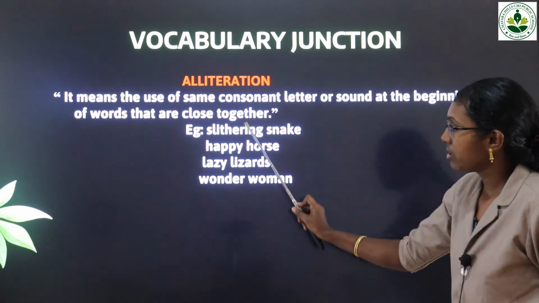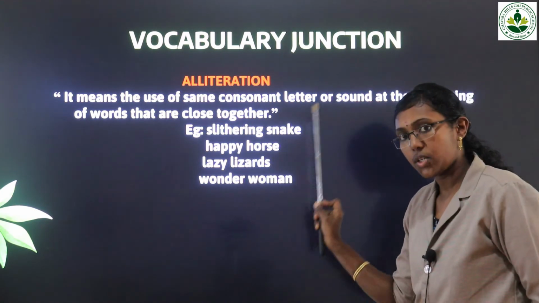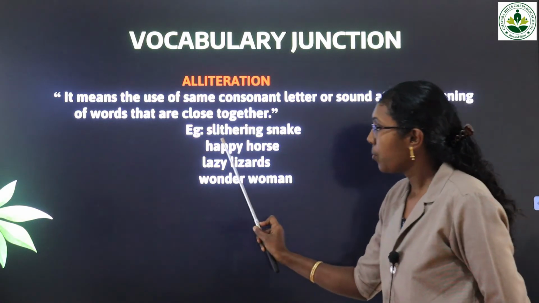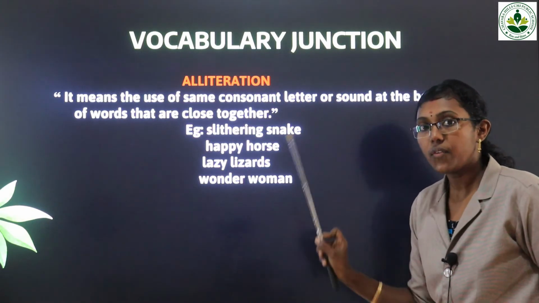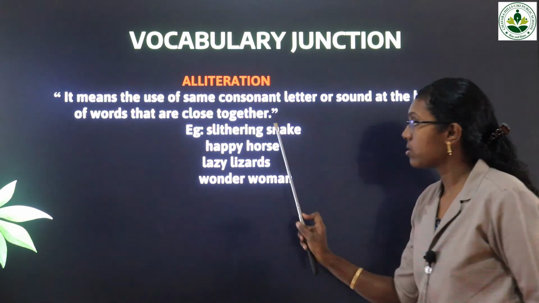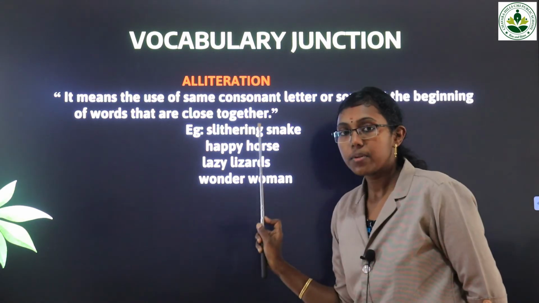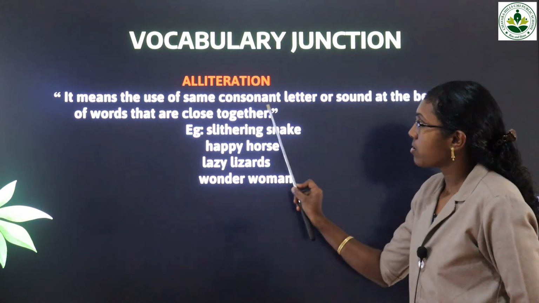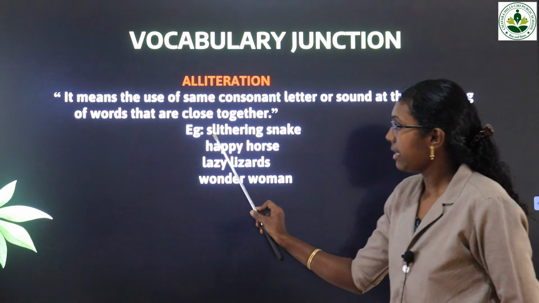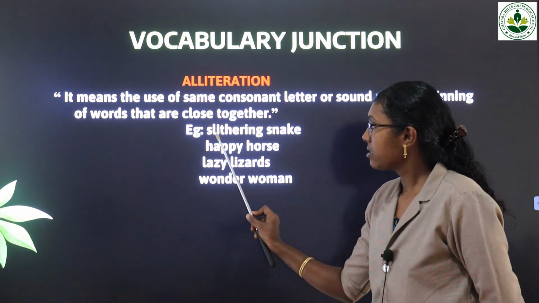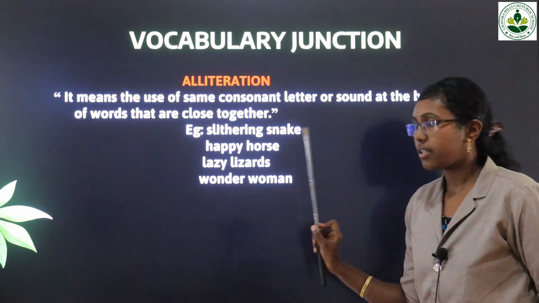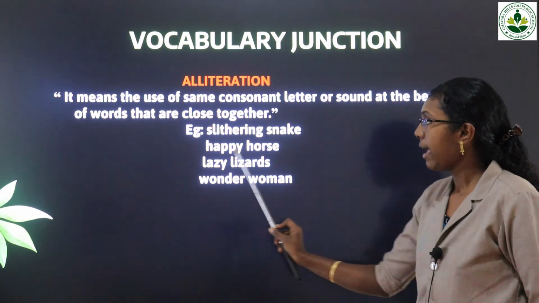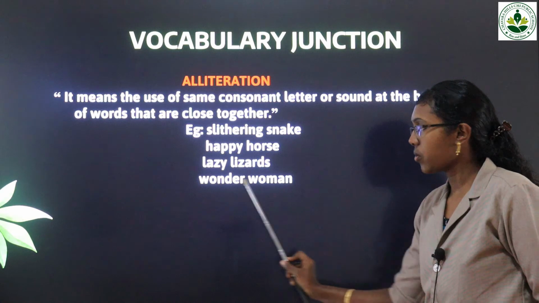So the two words should be related, and both words should start with a consonant letter. Consonant letter means except A, E, I, O, U, all the remaining alphabets are consonant letters. Slithering snake, happy horse, lazy lizards, wonder woman.